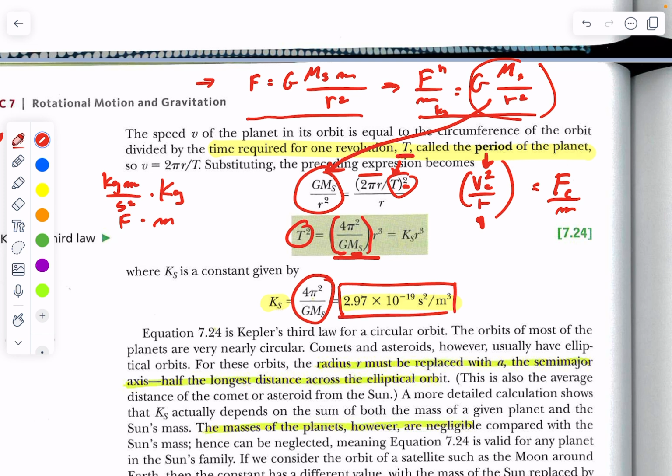And let's just call that k. And so now we have the equation T squared equals k r cubed, where T is the period of time for the planet to go around the sun. It doesn't just have to be the Earth. And r is going to be that distance from the planet to the center of the sun.